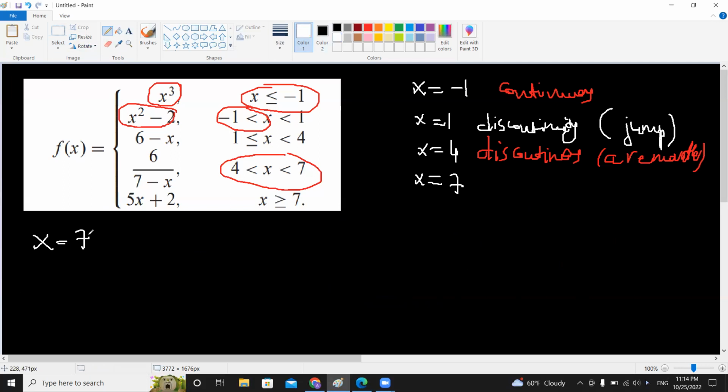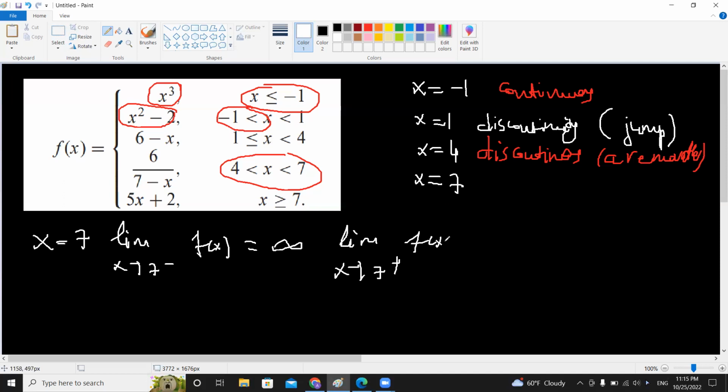So at the point x equals 7, limit as x tends to 7 from the left side of f(x), you can see here, is 6 out of 7 minus 7, so it's going to be infinity. And from the right side, as x tends to 7, we take, of course, the last equation: f(x) is equal to 5 times 7 plus 2, which is 37.